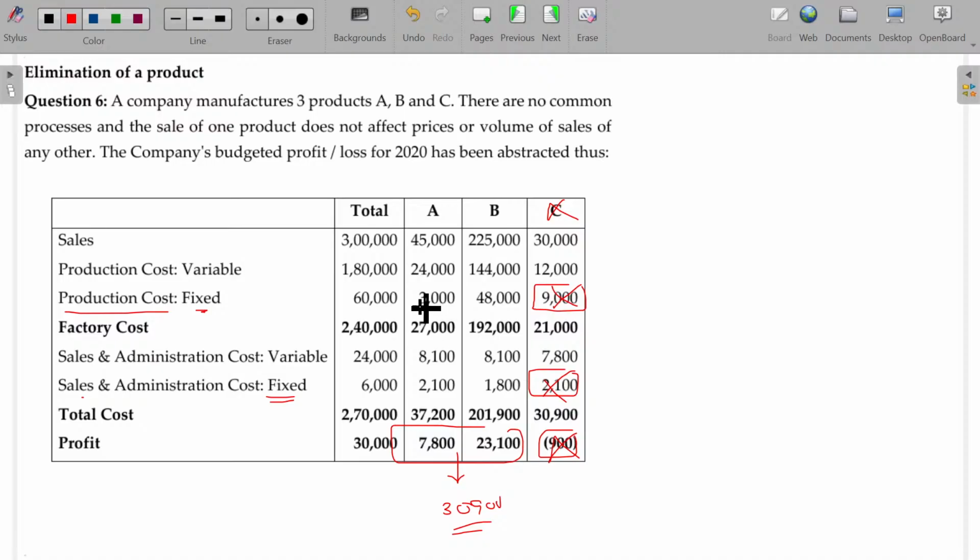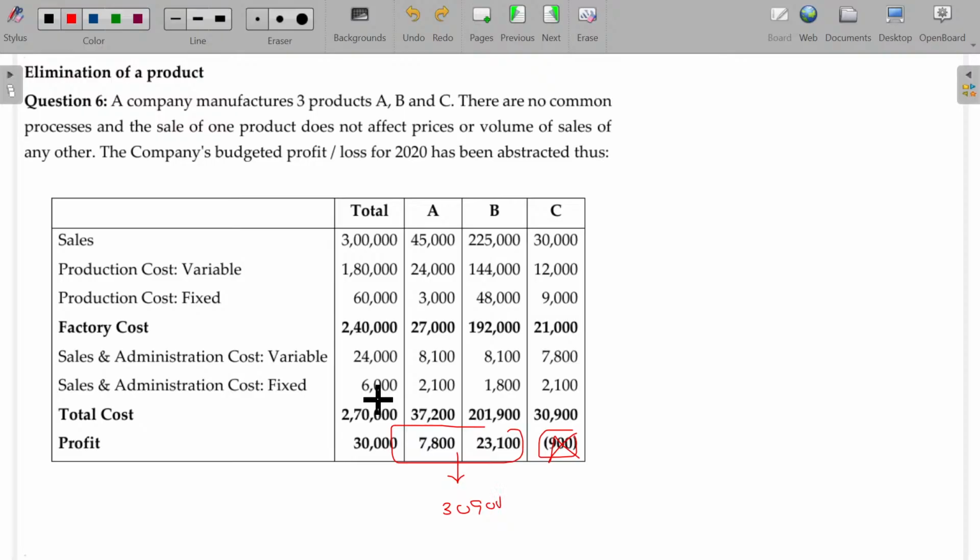Because of that, the overall showroom cost 6,000 cannot be eliminated. And the overall salesman salary 2,100 cannot be eliminated. That's the problem. So you have to understand whether elimination of C will really increase your profit or not.